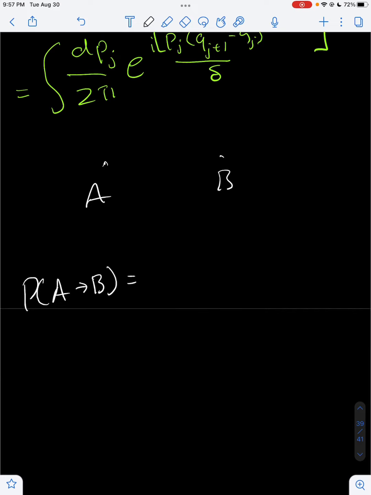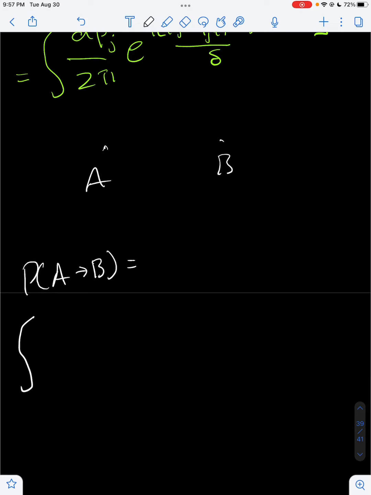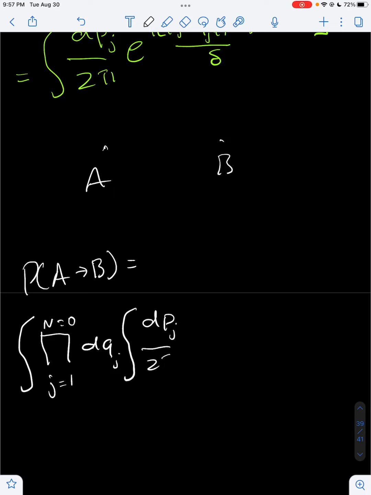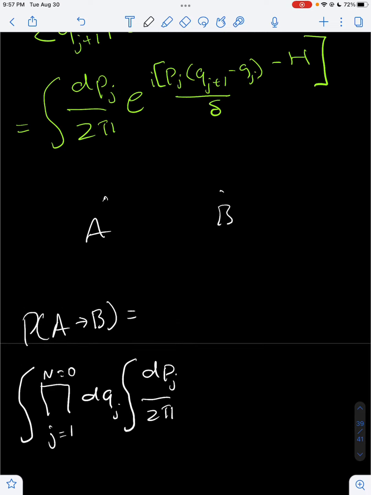It's going to be the integral over, so you have the product from j equals 1 up to n, of dqj times the integral dpj over 2 pi of e to the i times pj times (qj plus 1 minus qj) over delta.